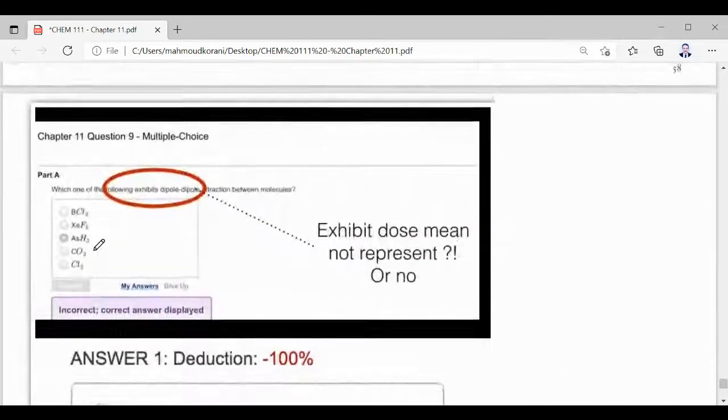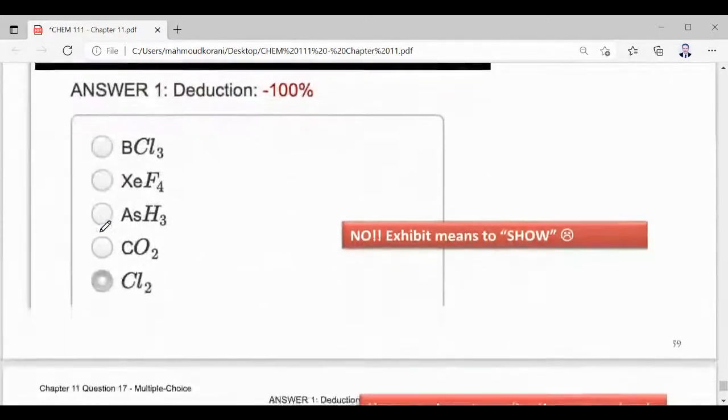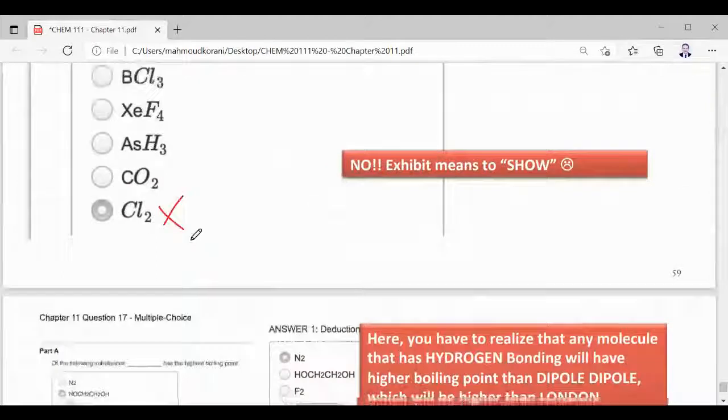This one is wrong. It could be that one. It should have a T shape, ClF3 shape. Okay, it could be that one. This one is wrong.